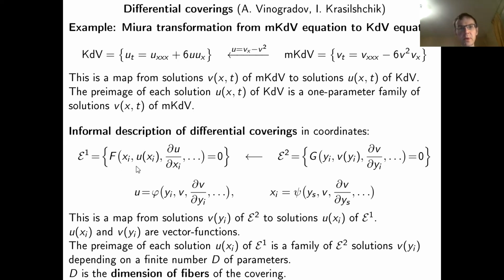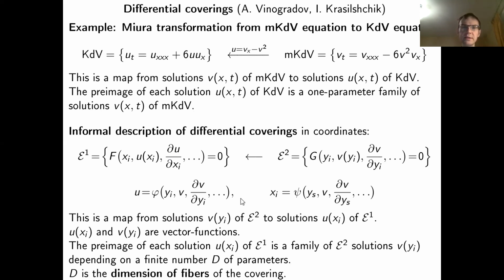So any number of independent variables and a vector u of unknown functions. Here we have a PDE E2 with independent variables y^i and a vector of unknown functions v. Well, the number of unknown functions can be arbitrary. The PDEs can be also basically arbitrary. In particular, they may be overdetermined, but must be consistent. What is important is that the number of independent variables is the same here and here.